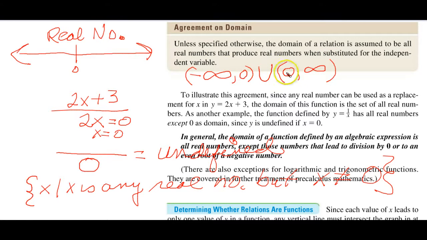So in interval notation, that would be the answer to this one. So this is what they're saying, agreement on domain, that x could be any real number, but there are sometimes exclusions as to what x could be. And we would find that always by taking our denominator, setting it equal to 0, and solving the equation, and that gives you the values that have to be excluded.